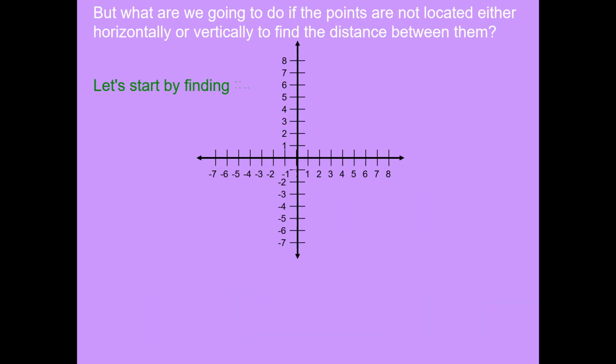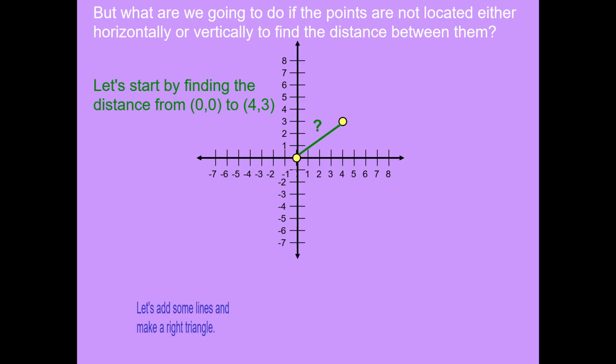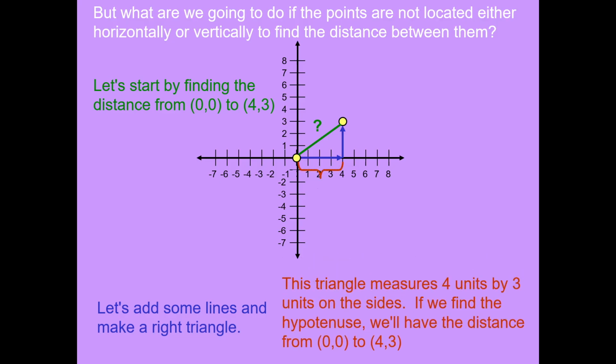So what if they're at an angle to each other? Draw lines that make a right triangle. This side going up is 3 units, and this side going across is 4 units.